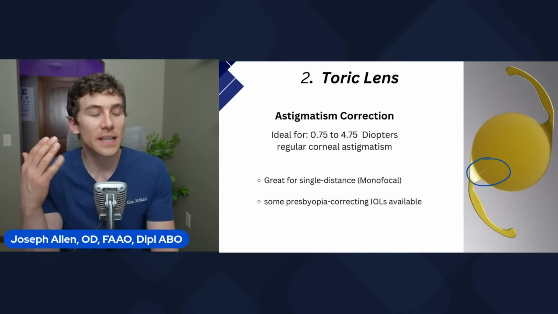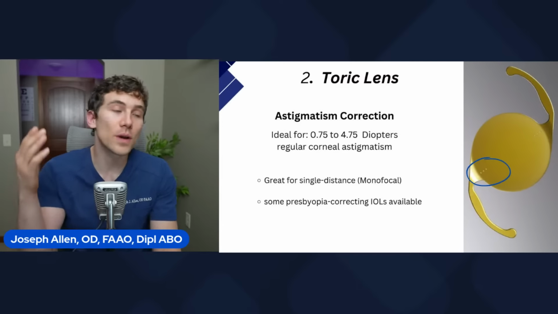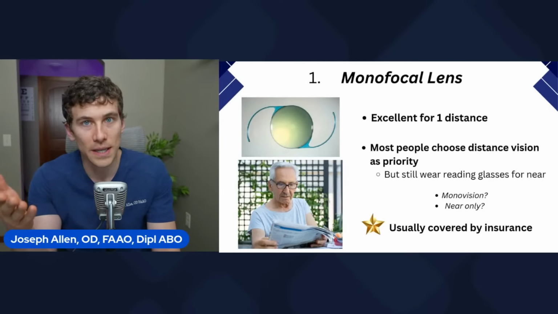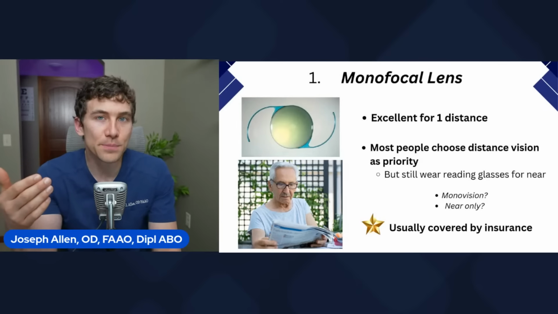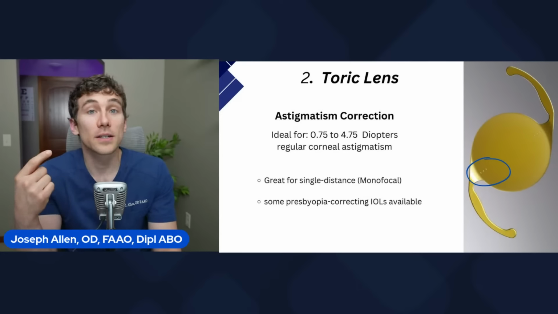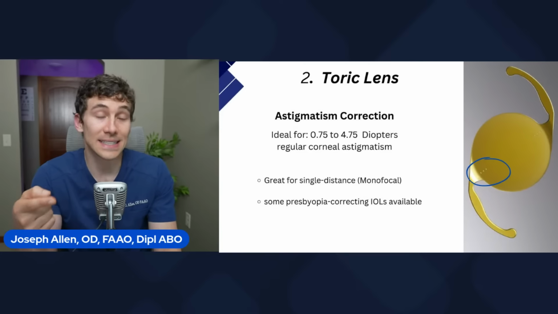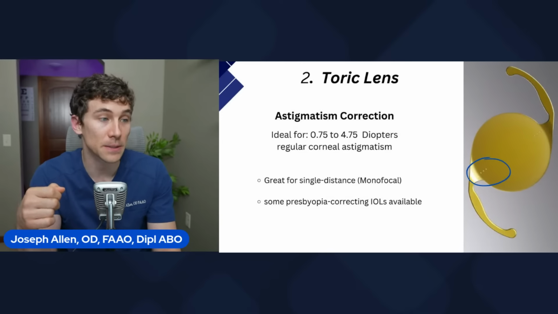But astigmatism can make your vision really blurry. So even if you got the previous monofocal lens, if you have significant astigmatism, after the procedure you may still have blurred vision. And so toric lenses exist, and this can correct for a majority of that astigmatism.